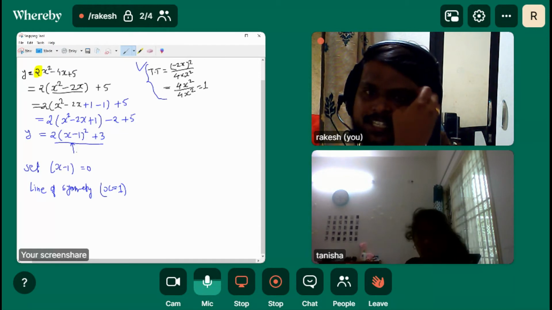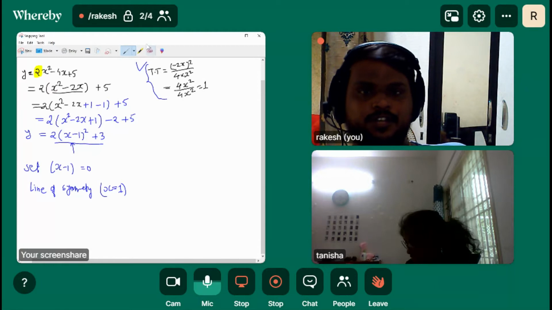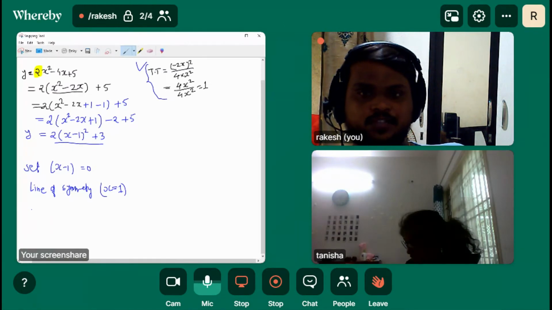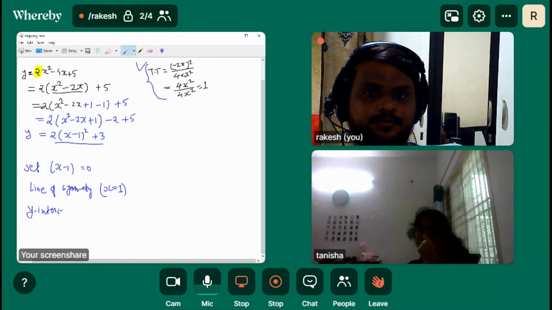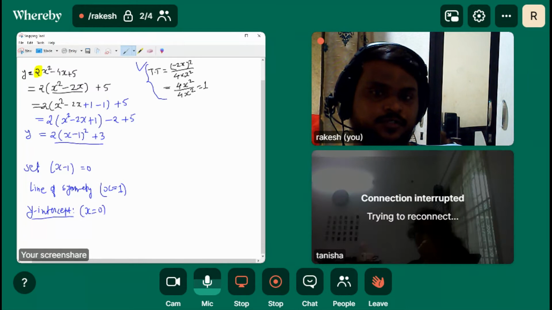Okay, and we can find out the y-intercept. If we are finding the y-intercept, what will we put for x? We'll put x is equal to 0, right? For y-intercept, we put x is equal to 0.